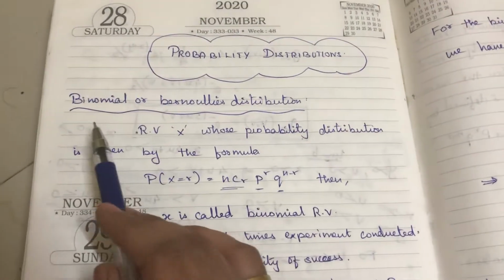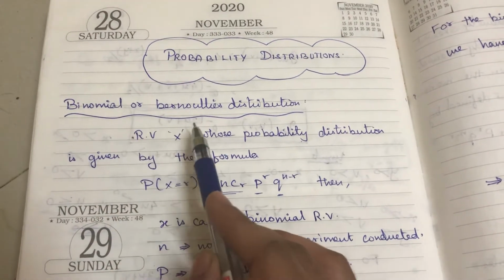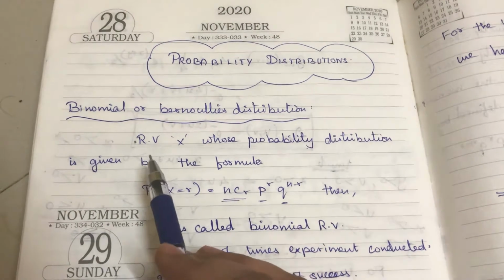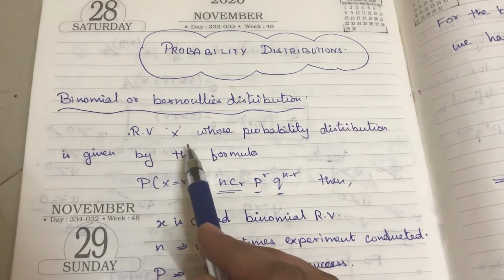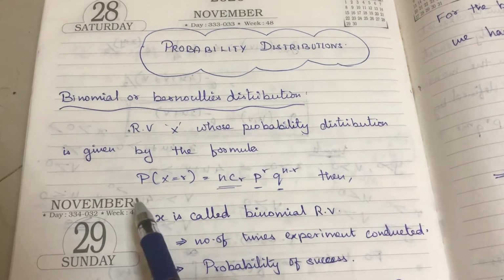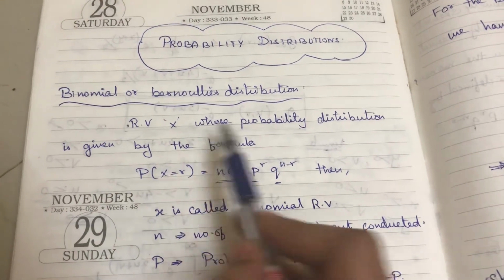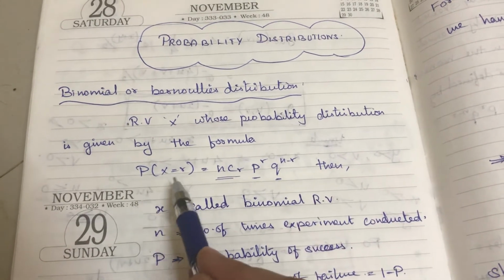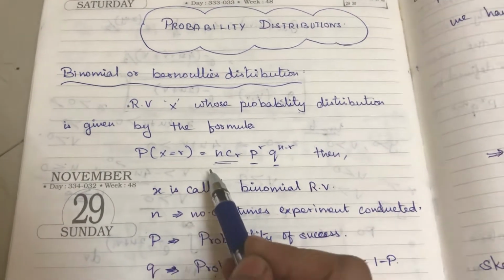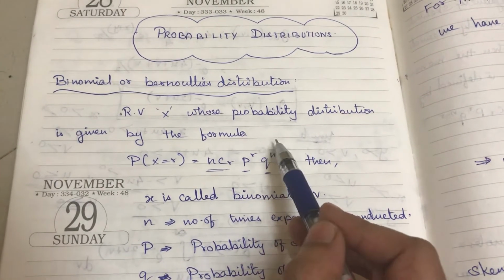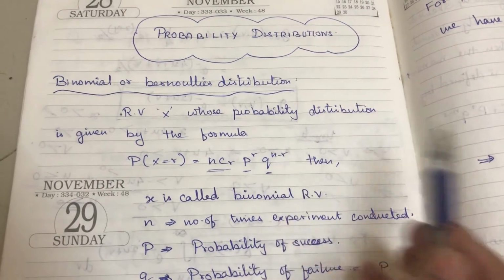So the first topic, binomial or Bernoulli's distribution. What is this? A random variable x whose probability distribution is given by the formula: P of x equal to r equals nCr p^r q^(n minus r).